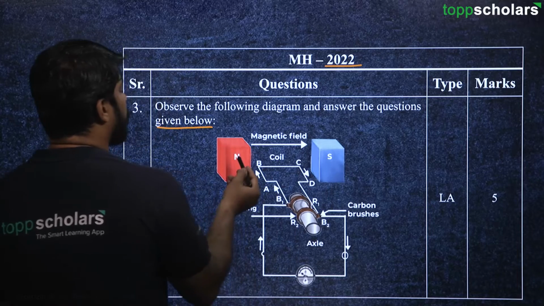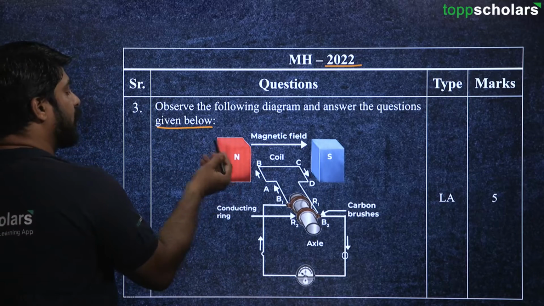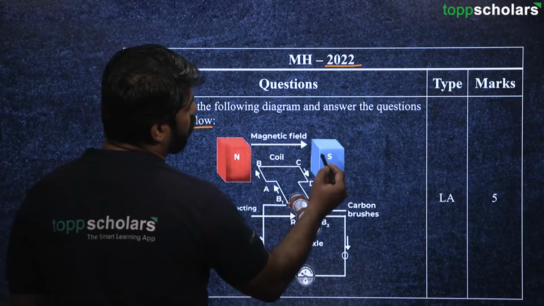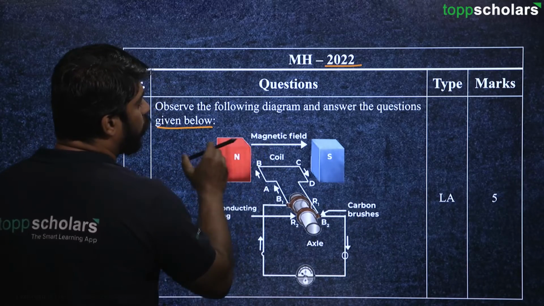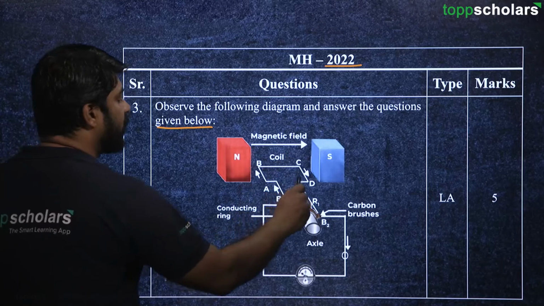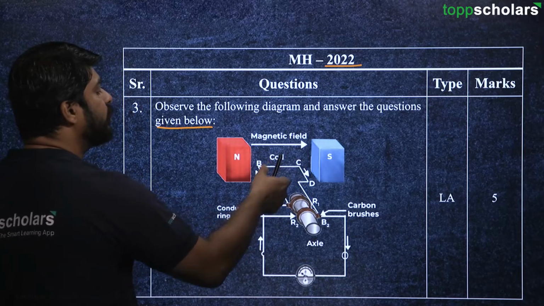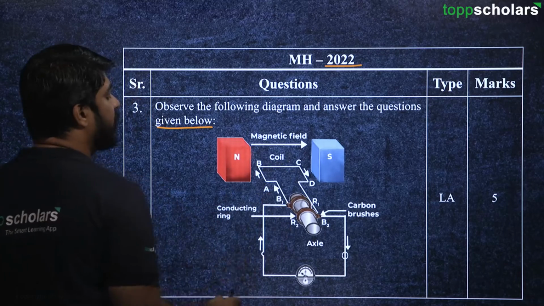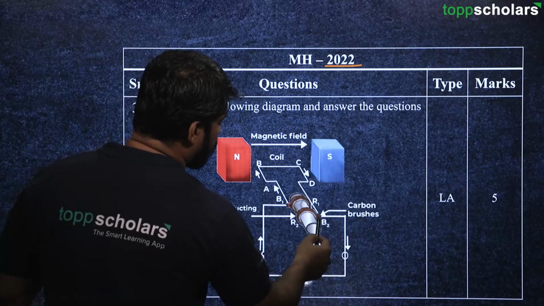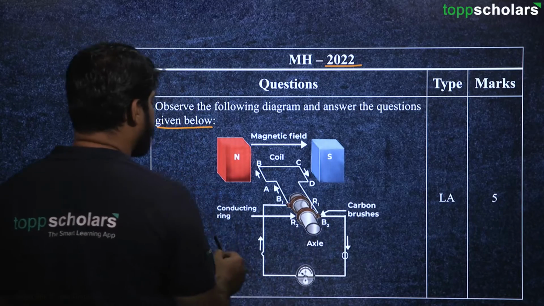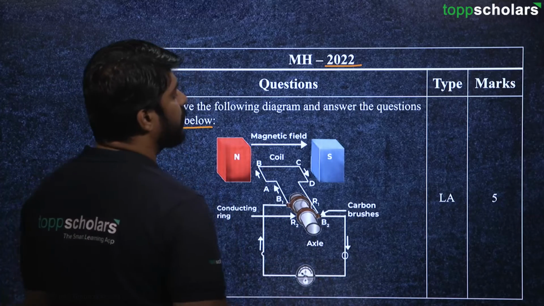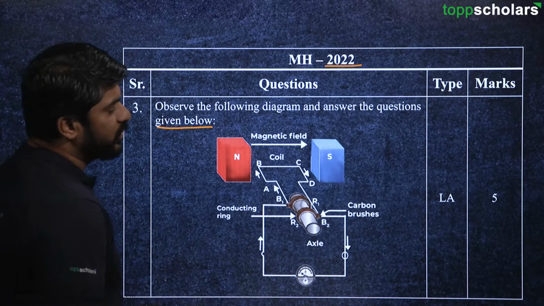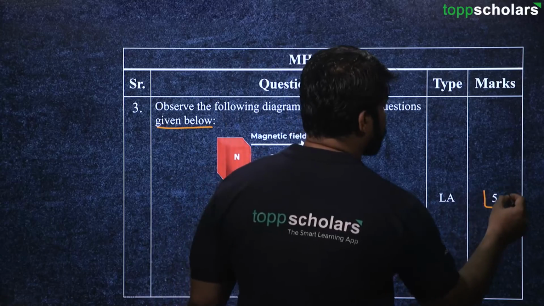The South Pole of this magnet must be on this side and the North Pole over here, so there is a magnetic field from north to south in this direction, and there is a coil placed in between the two magnets. Here we have some arrangements like carbon brushes and conducting rings, and there is some wiring done. So it's a large question for 5 marks.